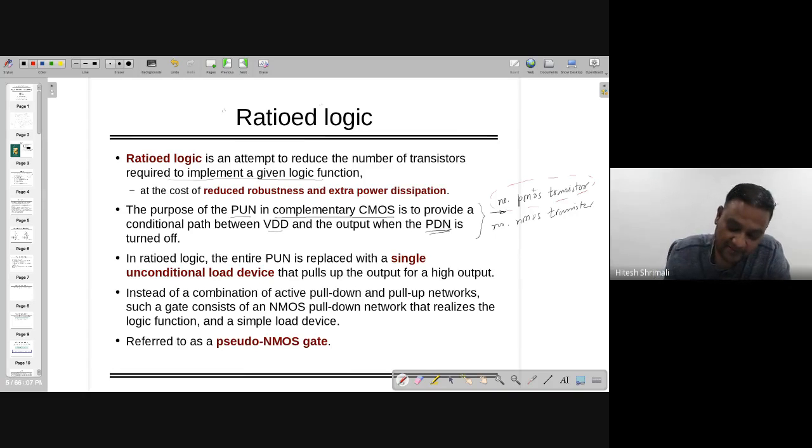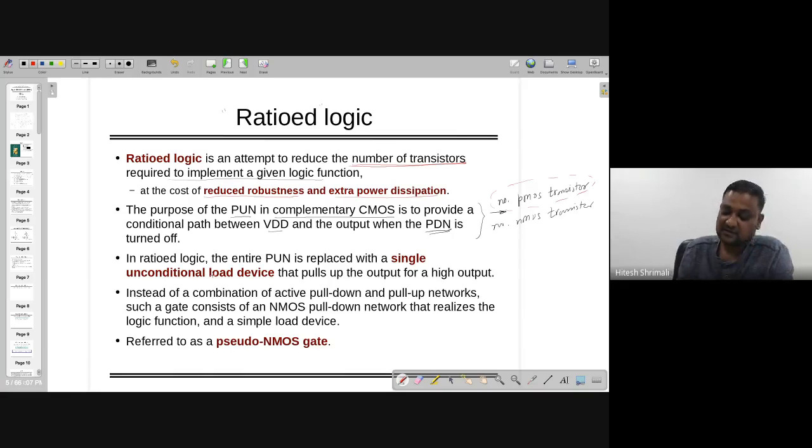And in this case, what we are proposing is that we will have a lesser number of transistors. This technique says that we will have fewer transistors to implement a given logic. And when you are doing this, you may have reduced robustness and extra power dissipation.